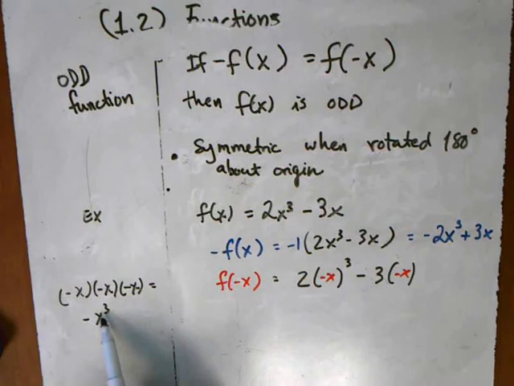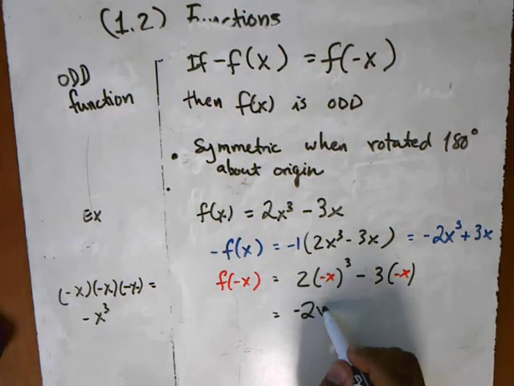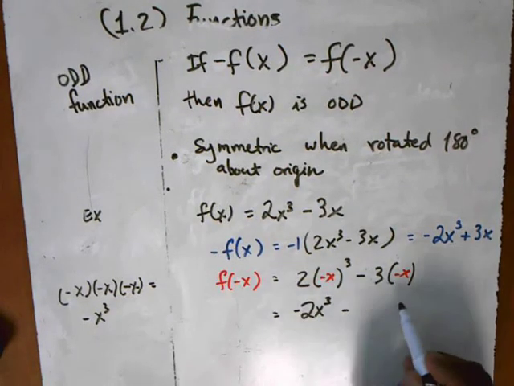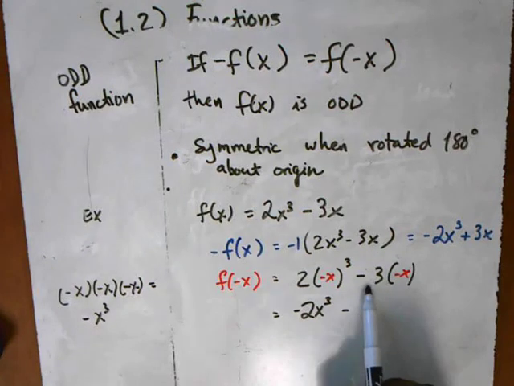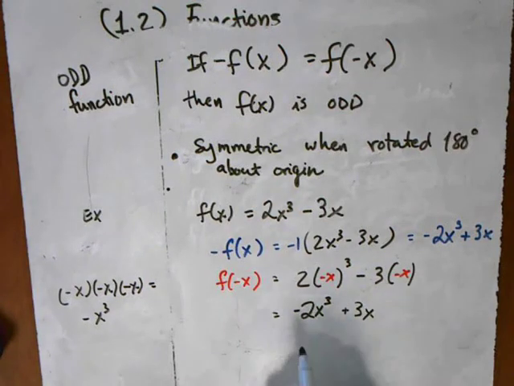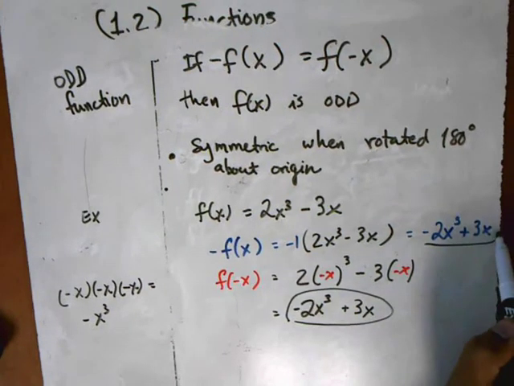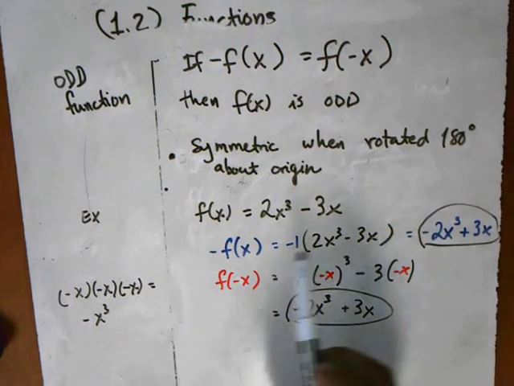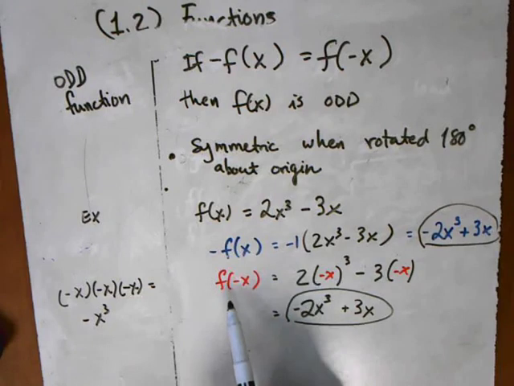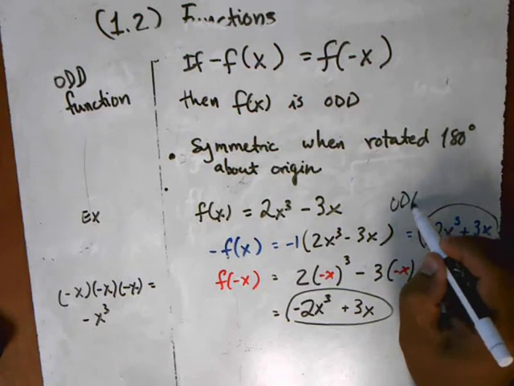So you're going to have negative 2x to the third minus, well, actually, it's negative 3 times negative x, so it's going to be a positive 3x. You can see here that this part is the exact same thing as this part. Negative f of x and f of negative x are the exact same thing. So this function is odd.